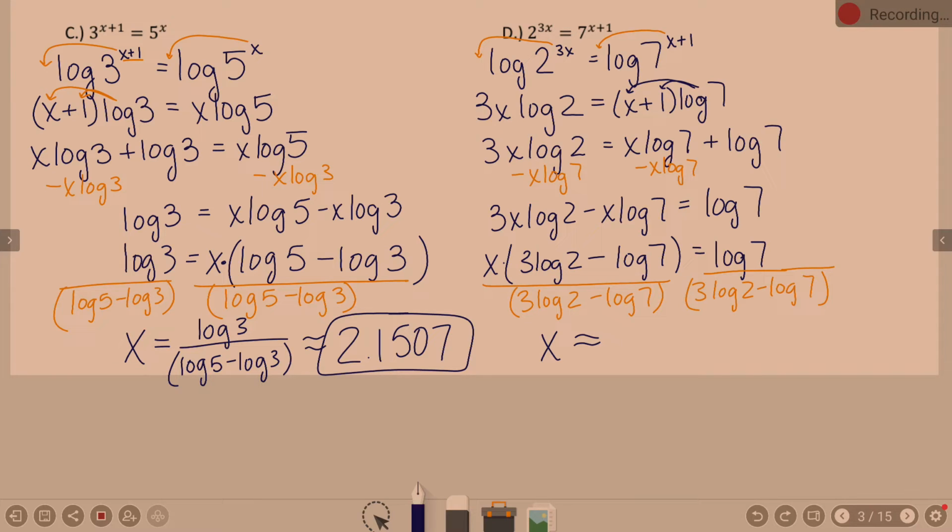And what are we getting? 2.08. I like the 14 answer better. 14.5727 if we are going nearest 10,000th.